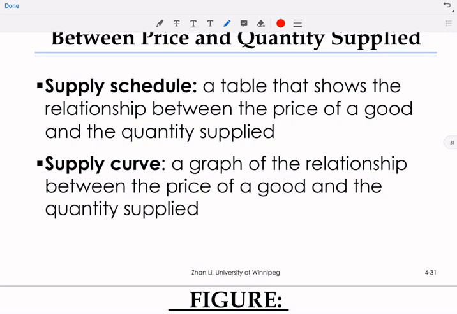Now, supply curve. So supply curve is a picture which tells you the relationship between the price of the product and the quantity supplied. Again, what is a demand curve? Demand curve is essentially a picture which tells you the relationship between the price and the quantity demanded.